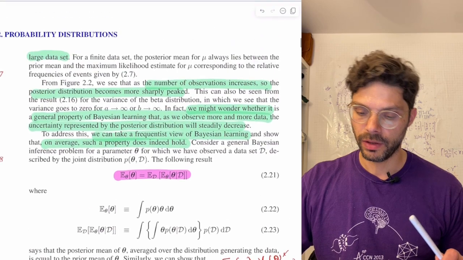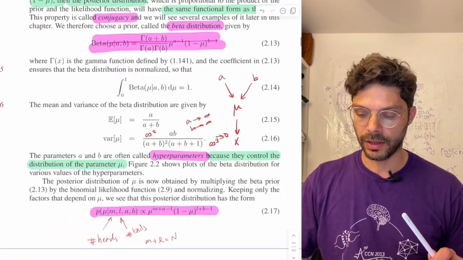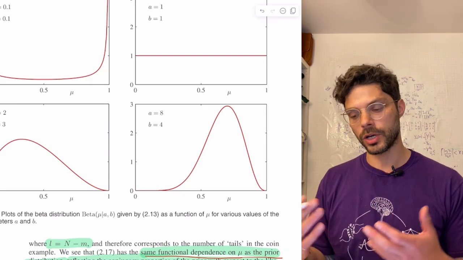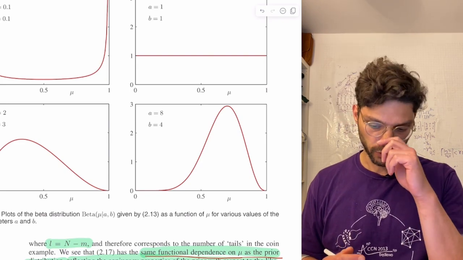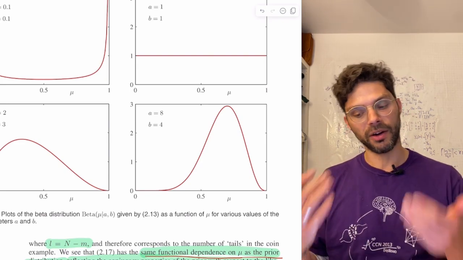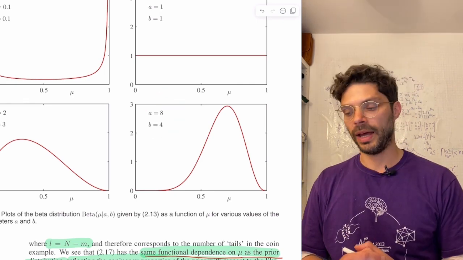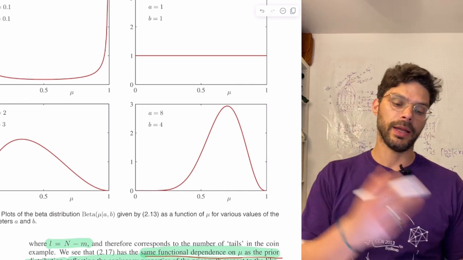So we talked about the beta distribution, how it's a useful conjugate prior for Bernoulli and binomial distributions, because then the posterior is also in the same family, and these parameters have really nice interpretations as the prior number of tosses of tails and heads, and the posterior number of tosses.